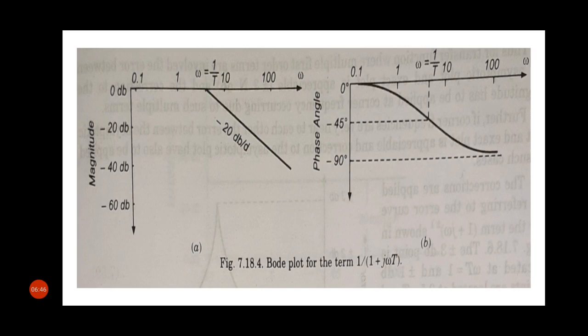There is some comparison between asymptotic plot and exact plot. The exact plot is shown by dotted line. The exact and asymptotic plots match each other at frequencies lower and higher than omega equal to 1 by t.